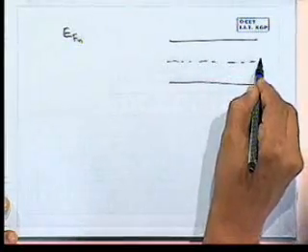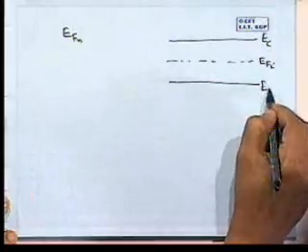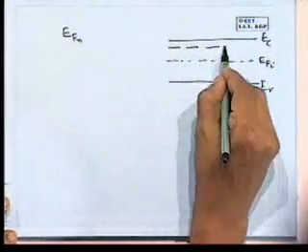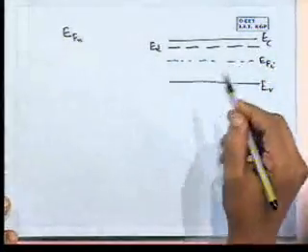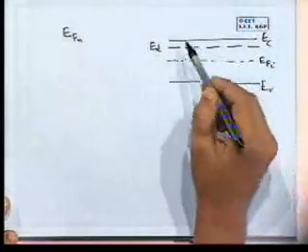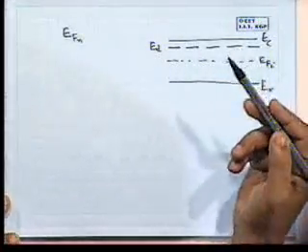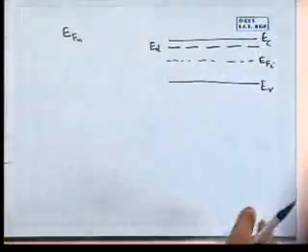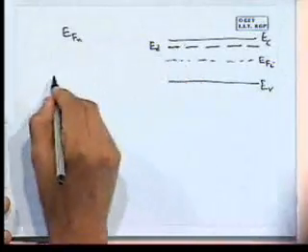this is my intrinsic Fermi level. That's EC, that's EV, and this is the donor level. The question is, where does the Fermi level lie with respect to the donor level? The equation I gave you earlier was with respect to the intrinsic Fermi level, and we can use a similar approach to show where the Fermi level will lie.